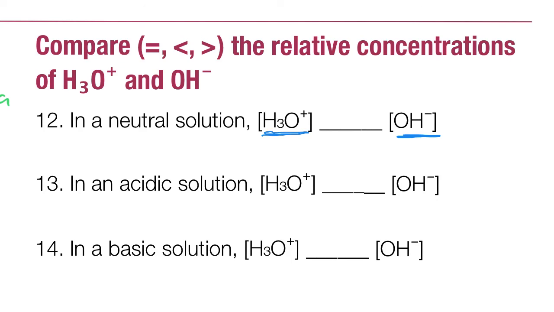So if you look at your notes over that self-ionization of water section, you'll see what these are. In a neutral solution, they're equal to each other. In an acidic solution, you have more hydronium than hydroxide, so it's greater than. In a basic solution, there's less hydronium than hydroxide.